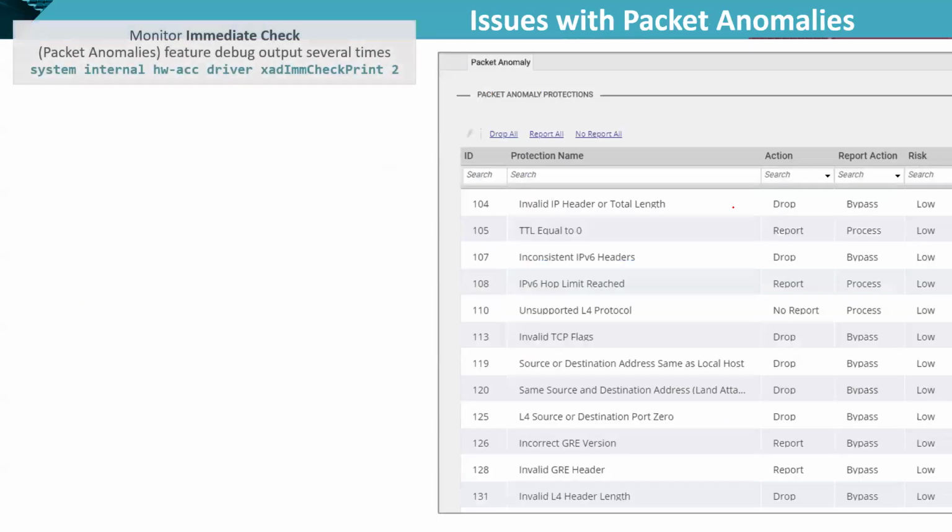Then we have issues with packet anomalies. Packet anomalies, as you know, protect you against RFC violations. So these are all the packet anomalies. Let's suppose a packet anomaly is incorrectly blocking certain traffic, and you want to make sure that traffic is allowed to pass through, and you do not want the packet anomaly to block that particular traffic.